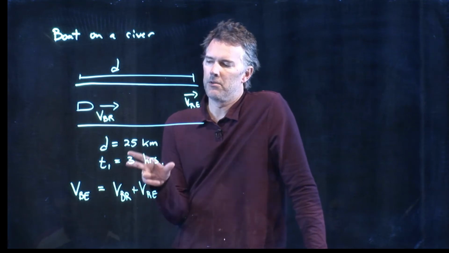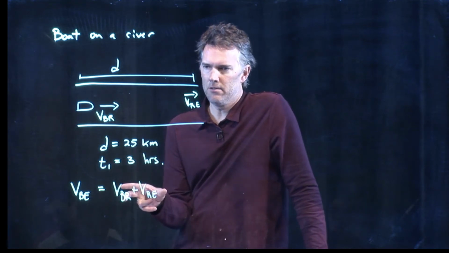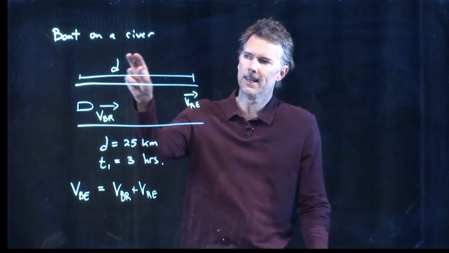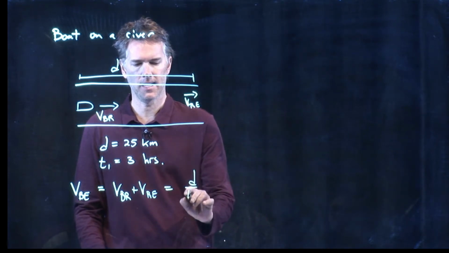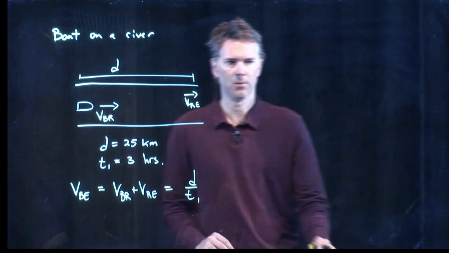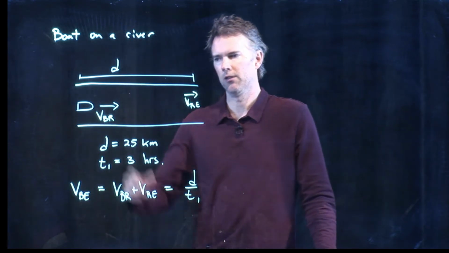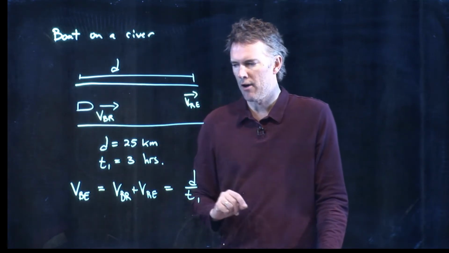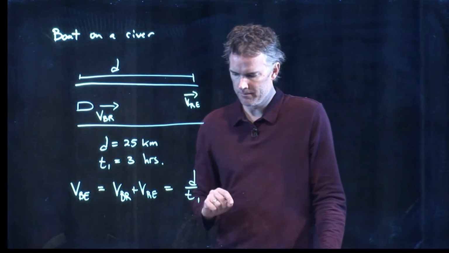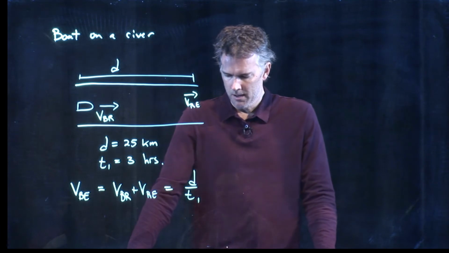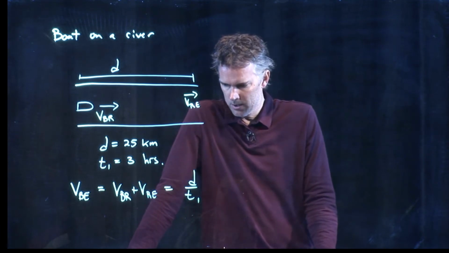But we also know what that speed is because they give us the distance that it went and they give us the time, T1. So that's how fast it will move down the river, d over T1, relative to the earth.